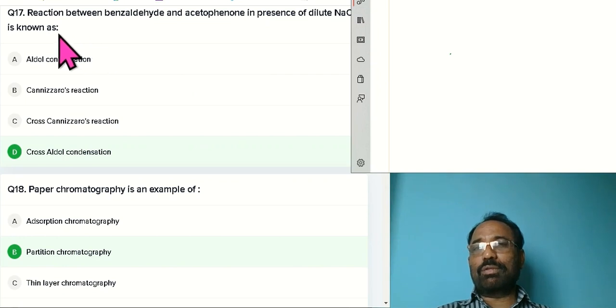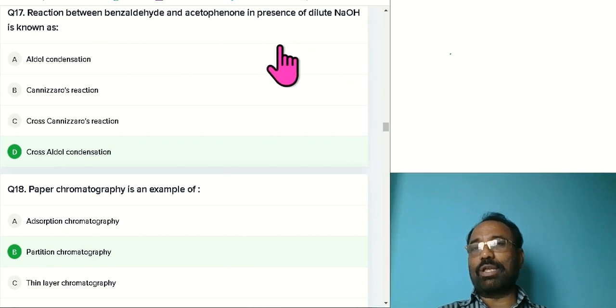See question number 17. The reaction between benzaldehyde and acetophenone in the presence of dilute NaOH is known as. Benzaldehyde does not have alpha hydrogen atoms and acetophenone contains alpha hydrogen atoms.